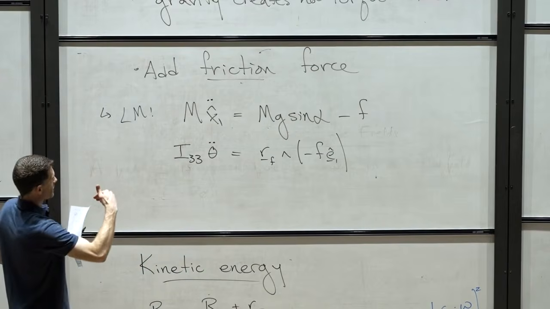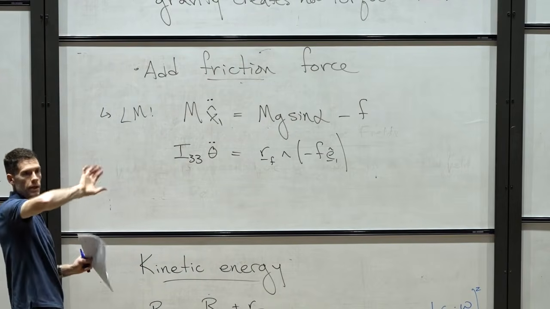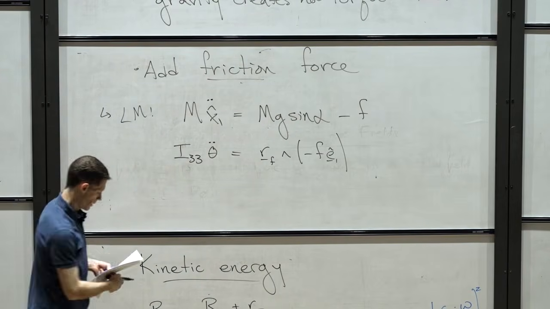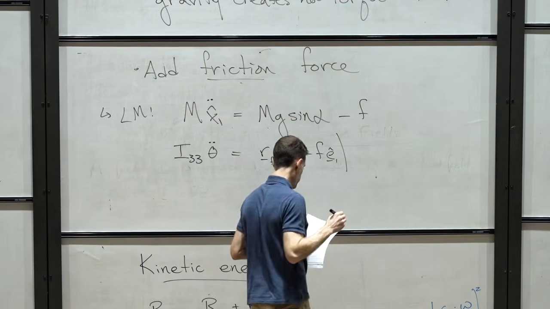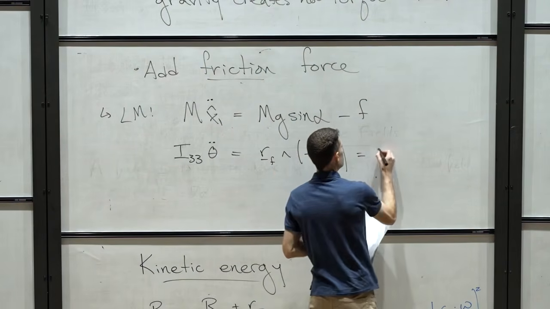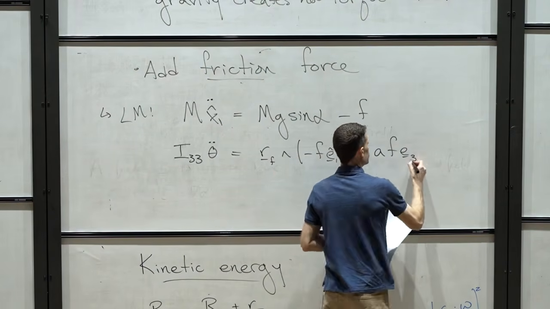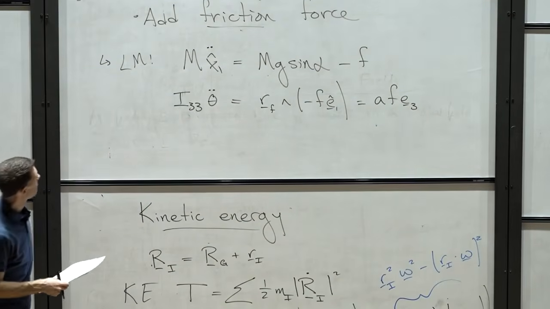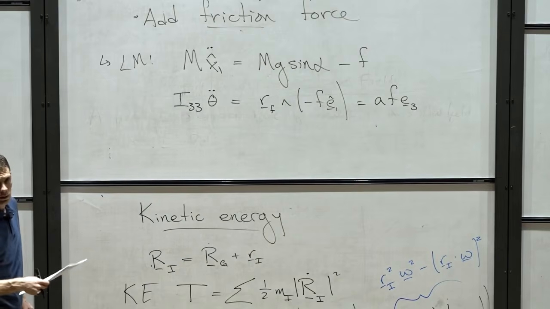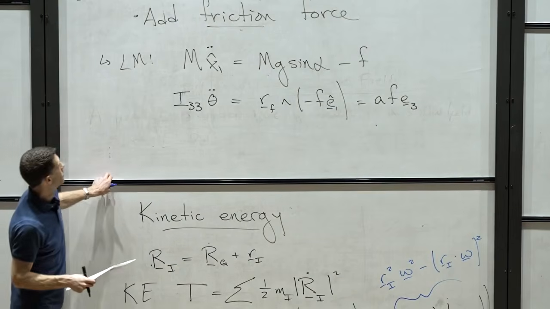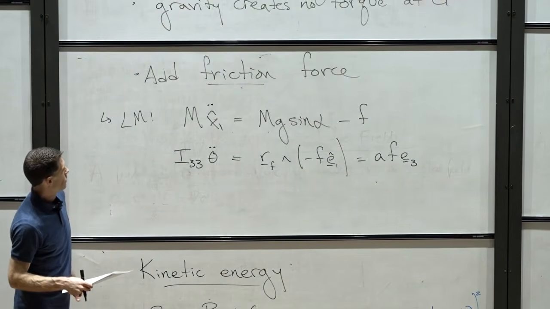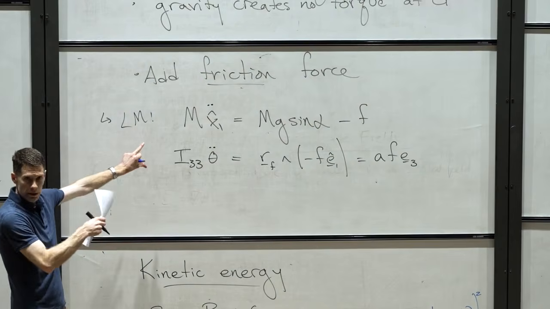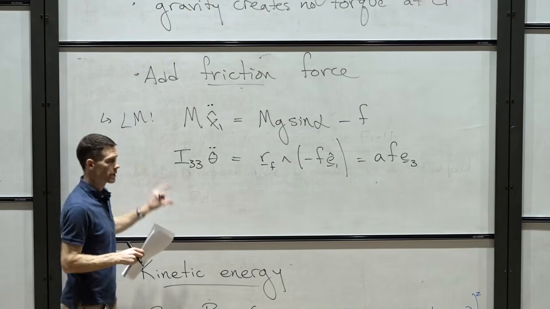So you do that cross minus f E1, and you get a torque that looks like E3. So this is going to be a f E3. Few subtle steps, I think. Study this carefully to make sense of these.